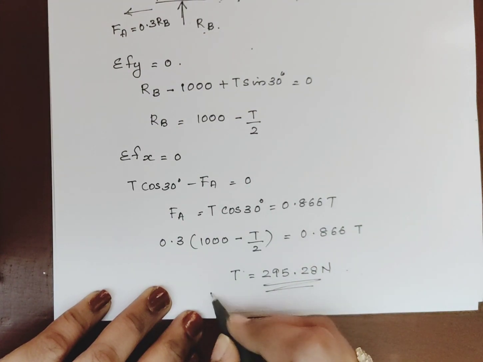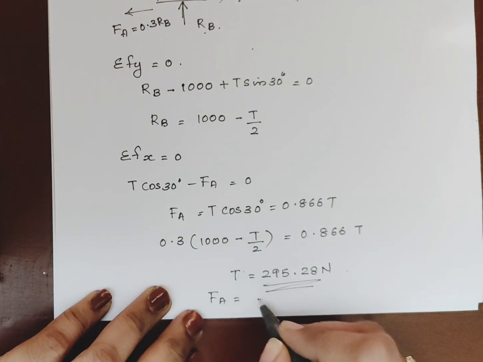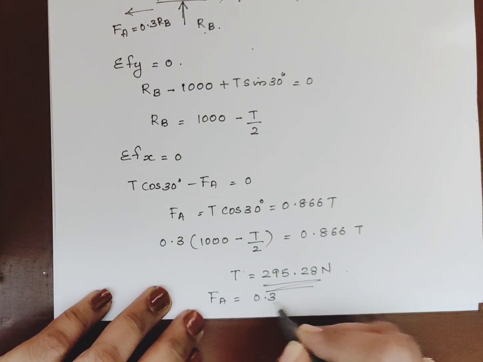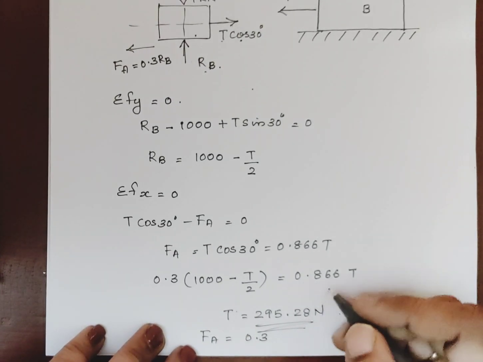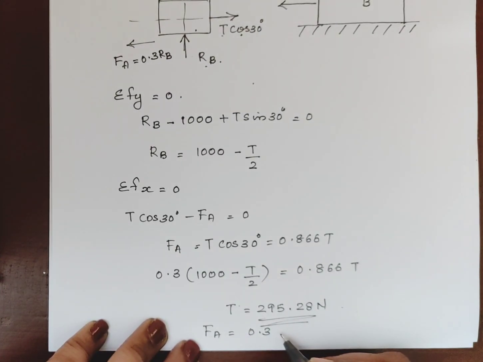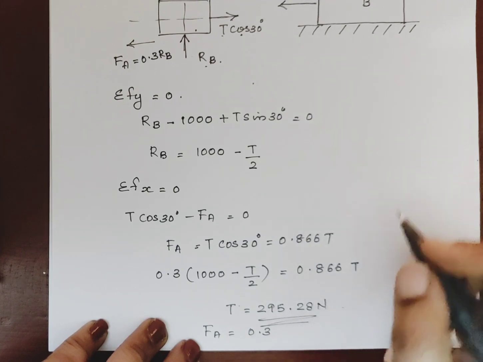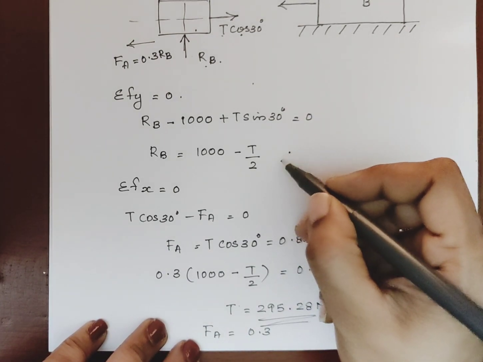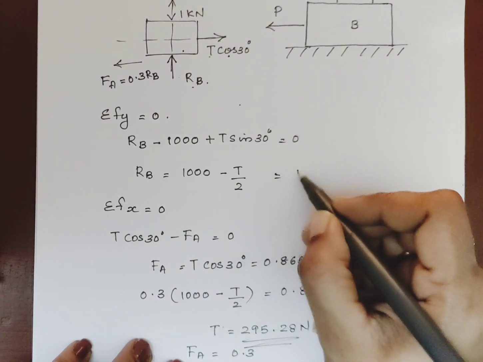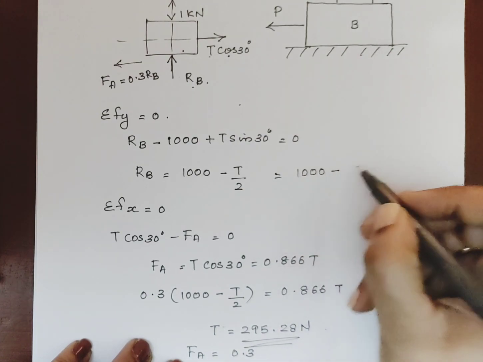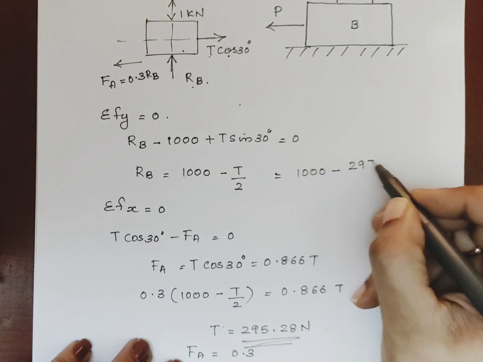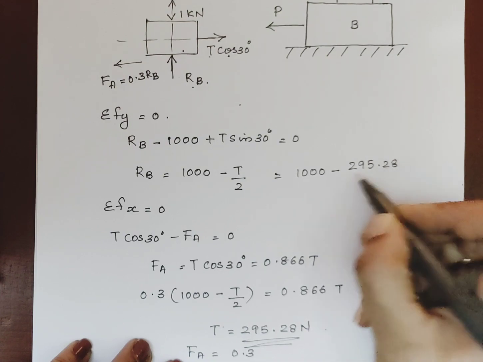So now you have to calculate Fa is equal to 0.3 into RB. Here RB is equal to 1000 minus T by 2, T is 295.28.